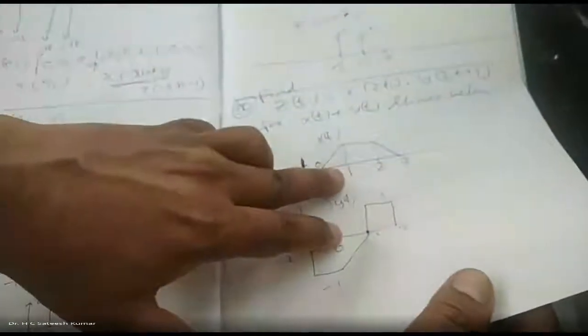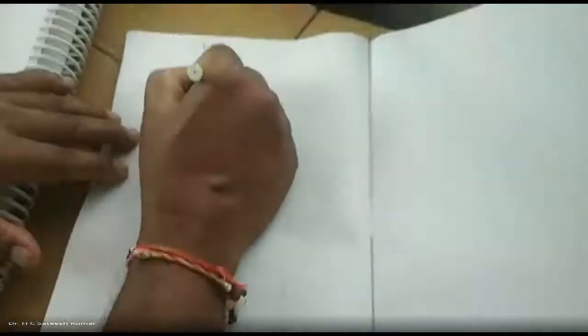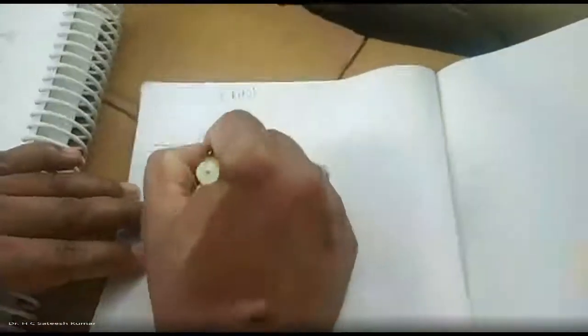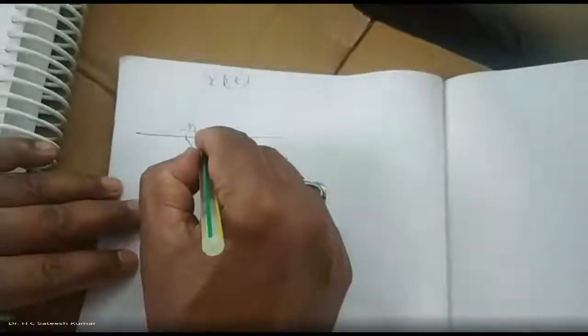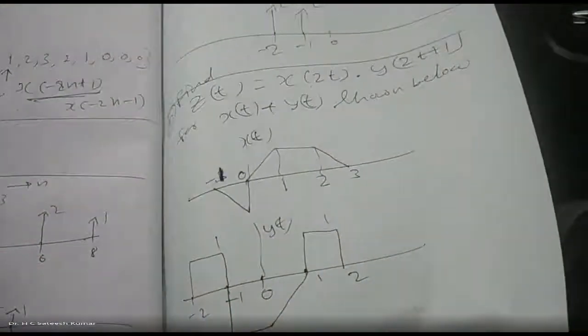And next, 2t is equal to 1. Therefore, t is equal to 1 by 2. It will increase, and its value will be 1. And 2t is equal to 2. Therefore, t is equal to 1.